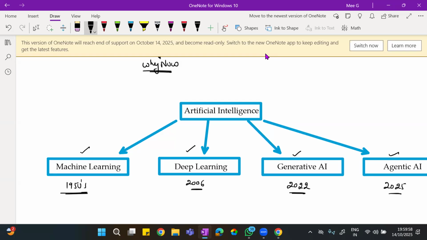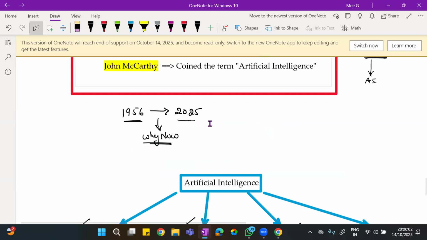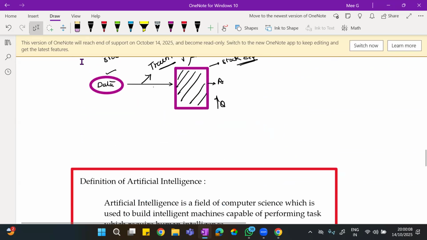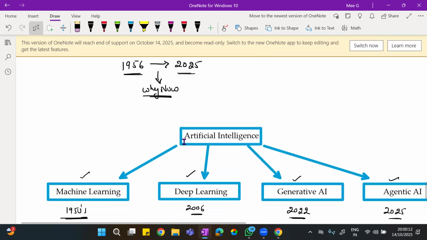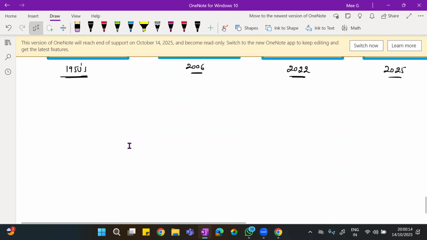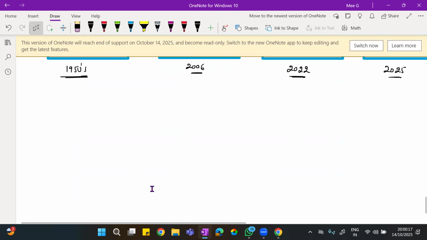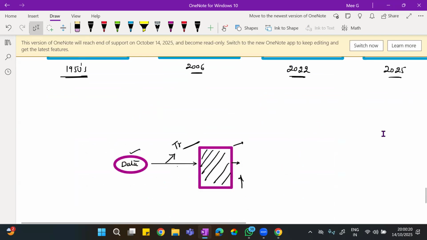Okay, now before getting deeper into this, one thing I want to let you know, here I told you, I explained this.